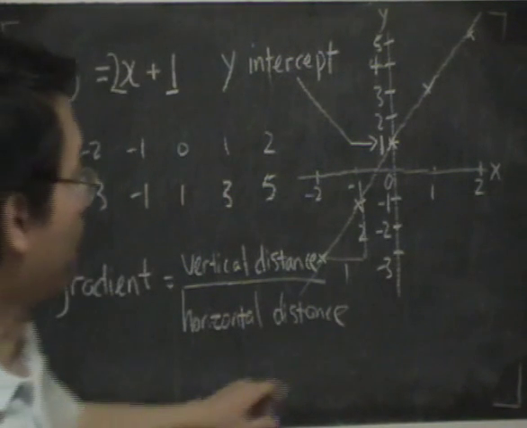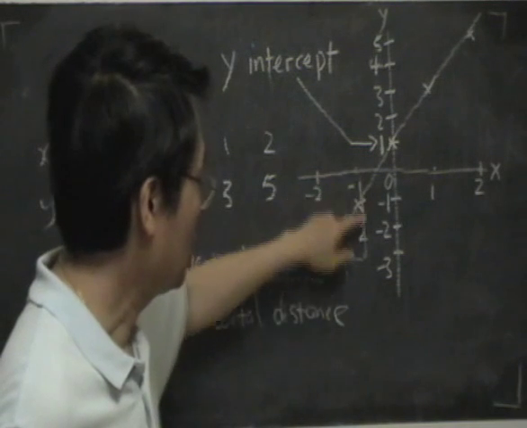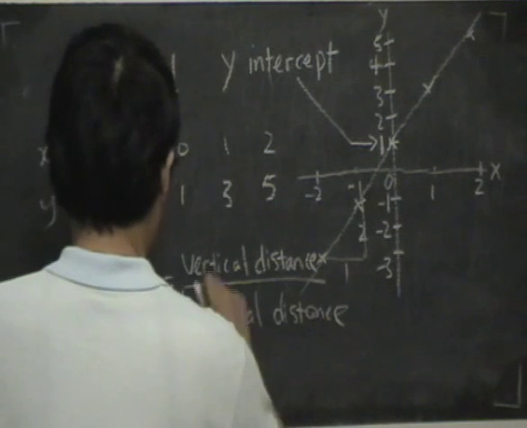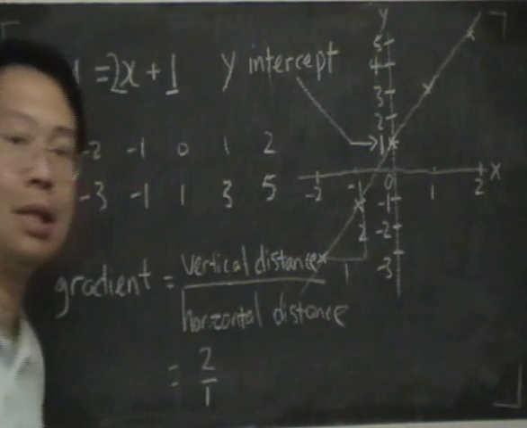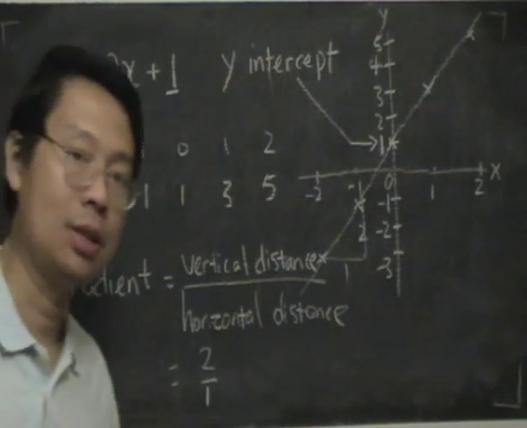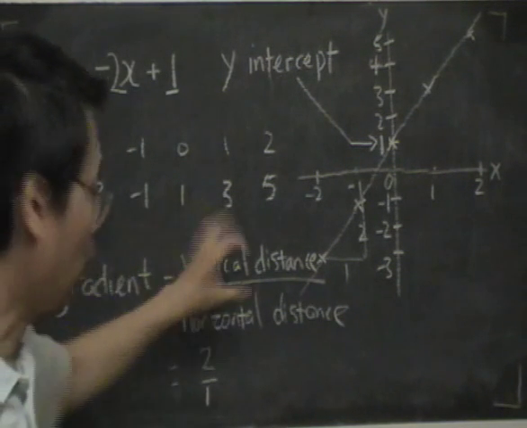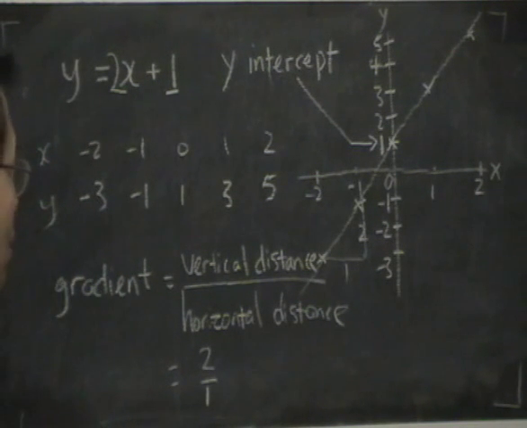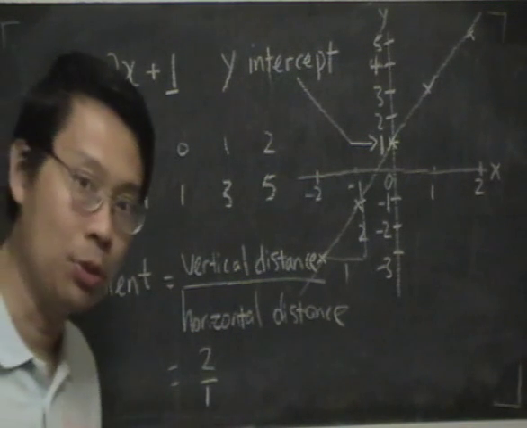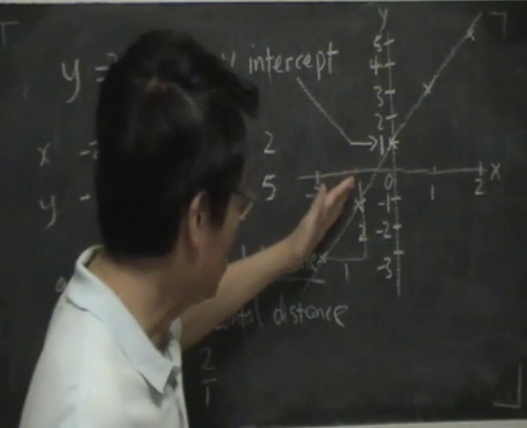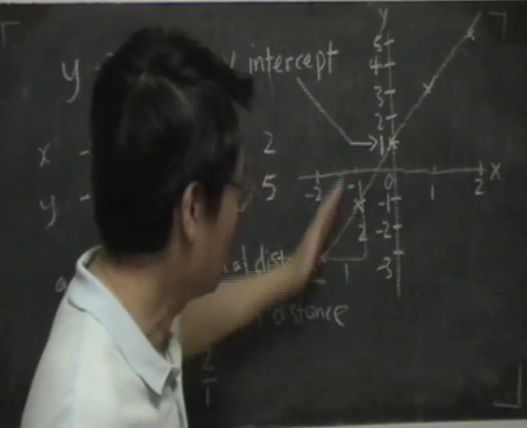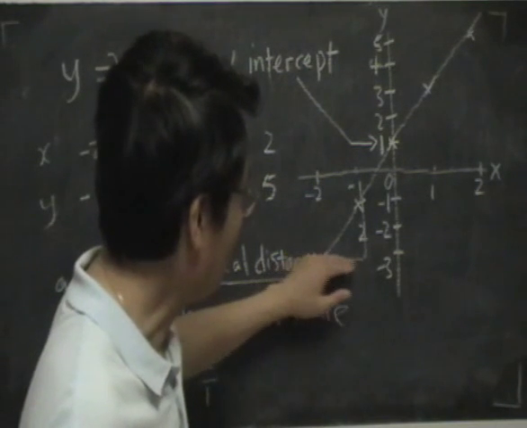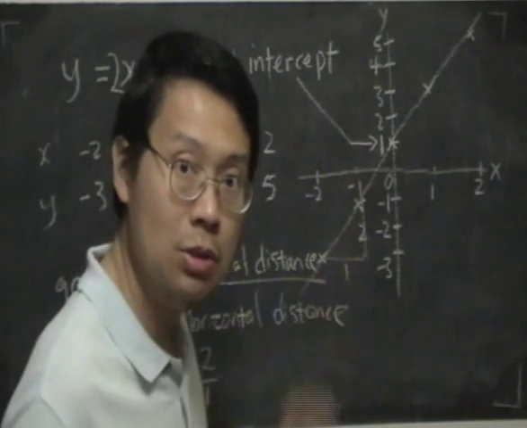For example, if the vertical distance is 2 and the horizontal distance is 1, the gradient would be 2 over 1. That is the formula for gradient. That's how it's defined. So you can see that it can tell us how steep a slope is, because if this slope is steeper, it goes up more quickly like that, then for the same horizontal distance, the vertical distance will be bigger.